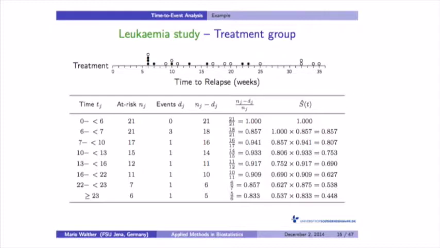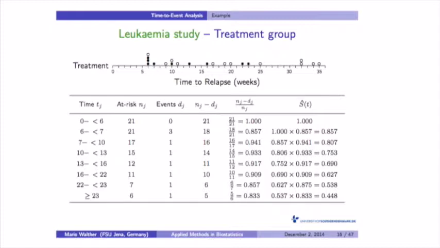The first event time isn't an event time. This is the time 0. At time point 0, there are 21 patients under risk to experience the event of interest or to relapse. At time point 0, there is no patient who relapsed, and there are all 21 patients who are still under risk to relapse after time point 0. So the probability of being event-free exactly at time point 0 is equal to 1.